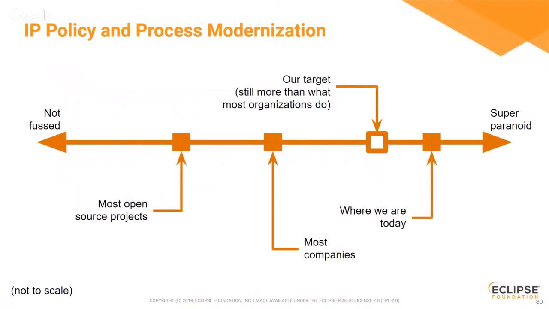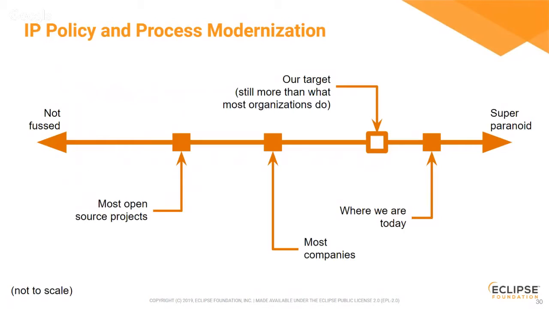Just pictorially, and I should point out that this is very abstract and certainly not to scale. Today, we feel that we are on the far end, and I've got us on the right side here, far end of the spectrum in terms of the amount of energy and work we do to mitigate the risks associated with the adoption of intellectual property. Our target is to move ourselves on this scale somewhat to the left.